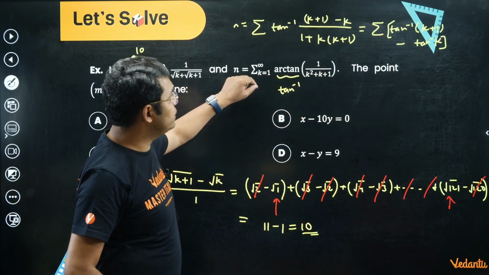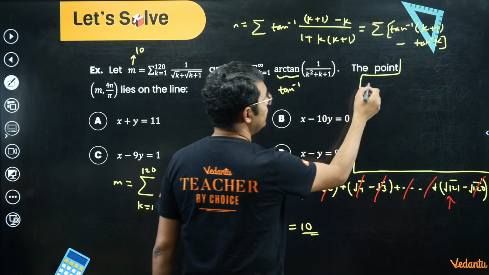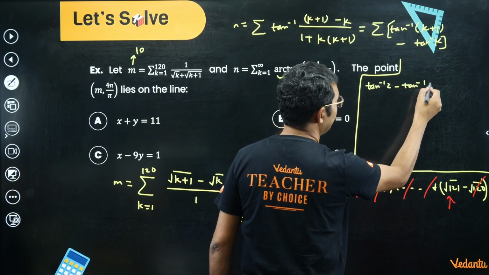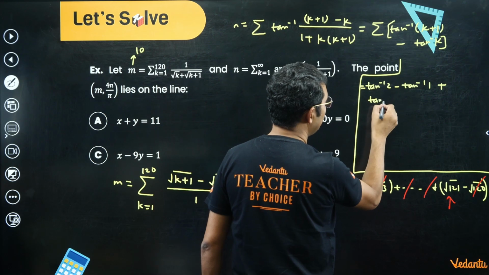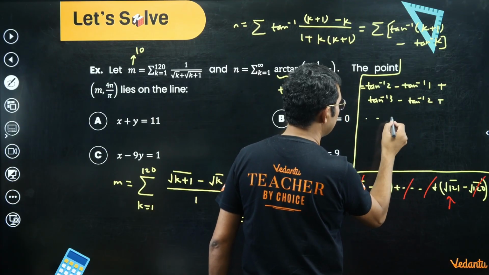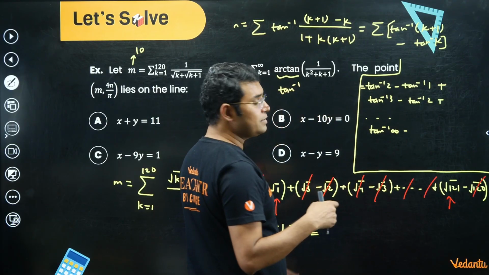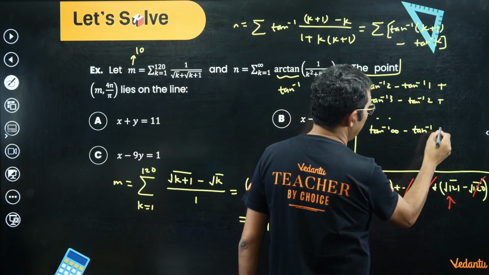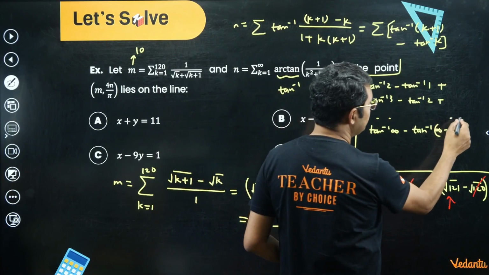If you start putting k equal to 1, 2, and so on, and we have to go till infinity, my first term will be tan inverse 2 minus tan inverse 1, plus tan inverse 3 minus tan inverse 2, and so on. And the last term, although it looks a little weird, for the sake of simple calculation we can write it that way, tan inverse n minus tan inverse n minus 1.